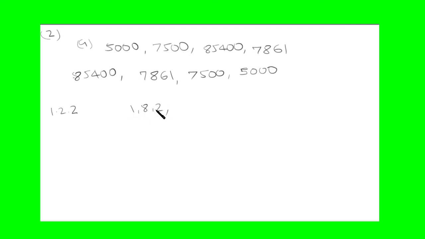How can we make the greatest? We have to make the greatest by 8 to 1. Then 821 will be our greatest. 8 we are using at the 100 place. Next higher number is 2, so we will be using 2 at the 10th place and 1 at the 1's place. And what will be the smallest? 128.